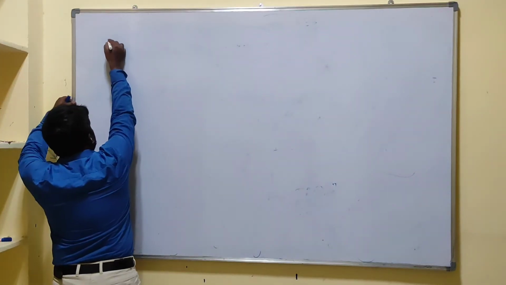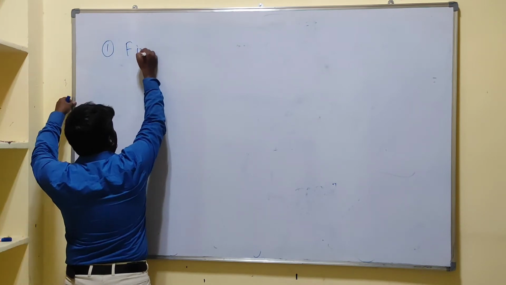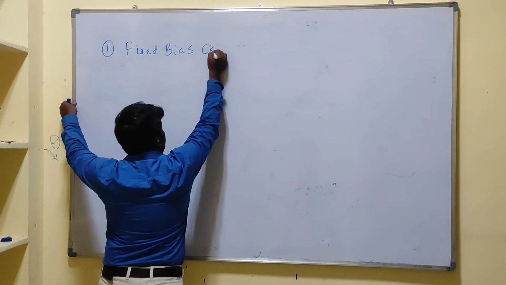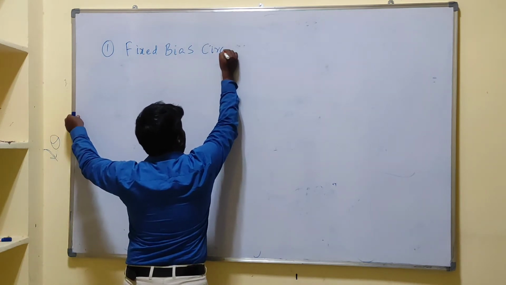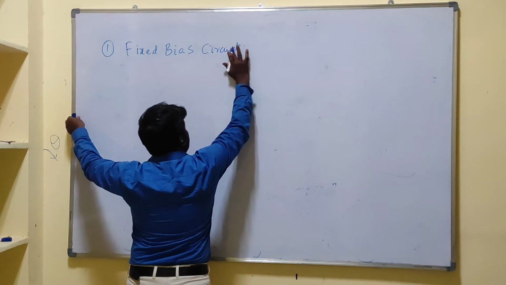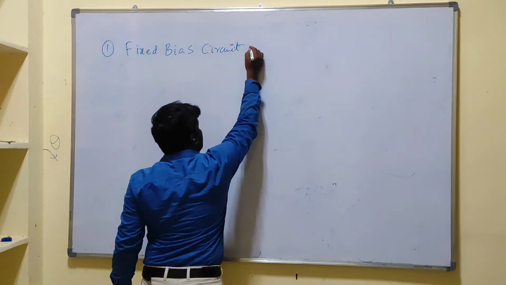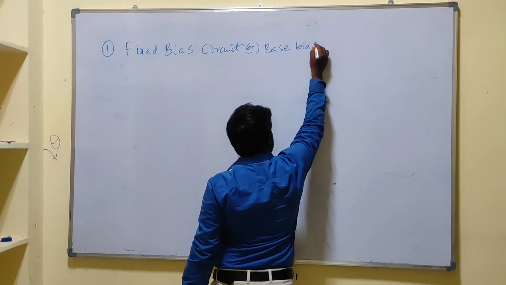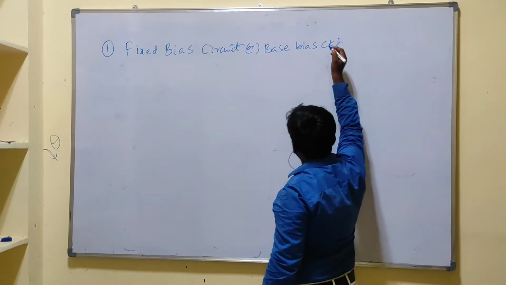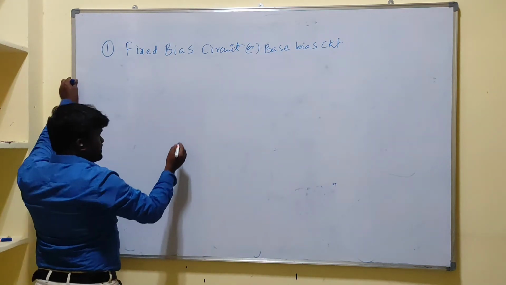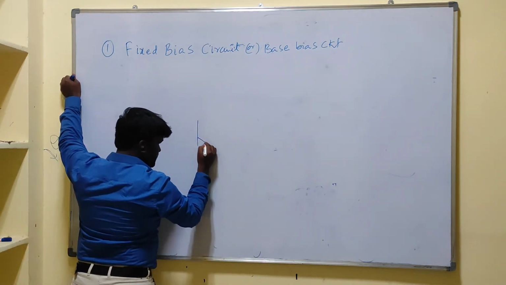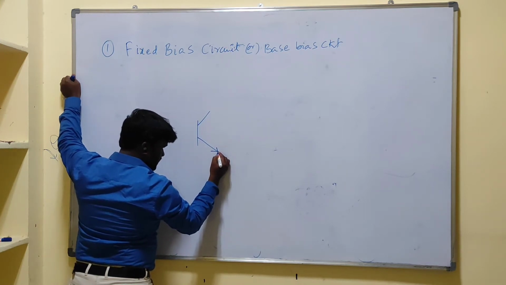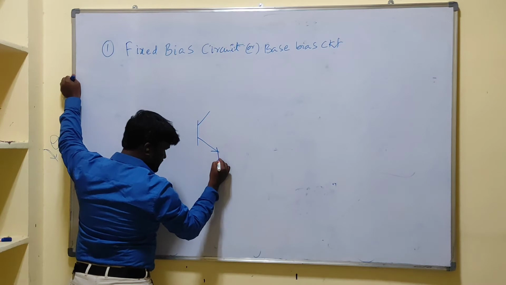So let us discuss the fixed bias circuit, or else it is known as the base bias circuit. In this we have our transistor. Let us take an NPN transistor. Throughout this biasing concept, I will consider only the NPN transistor.